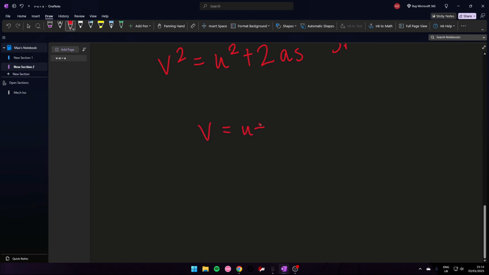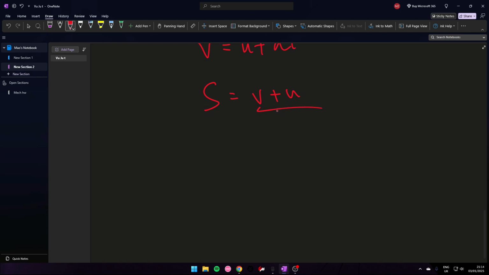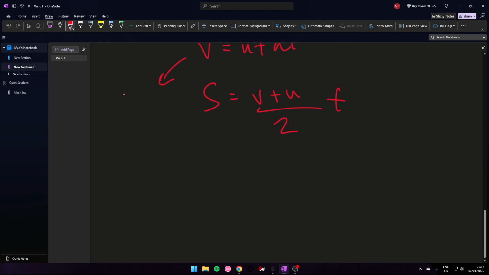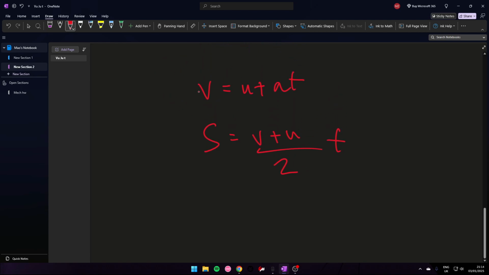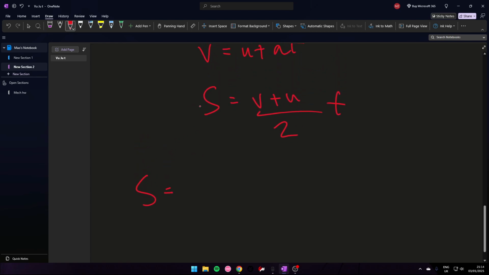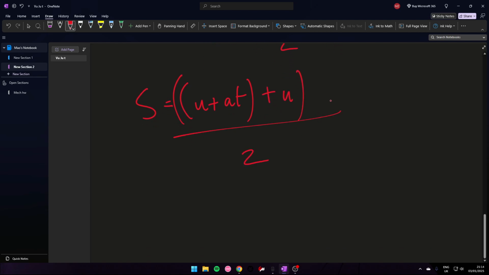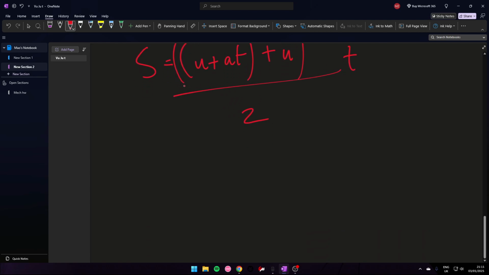So our v is equal to u plus at, and s is equal to v plus u over 2 t. s is equal to u plus at, in brackets, plus u, over 2, times t. Firstly, we add the two u's, so we're left with s is equal to 2u plus at over 2, times t.